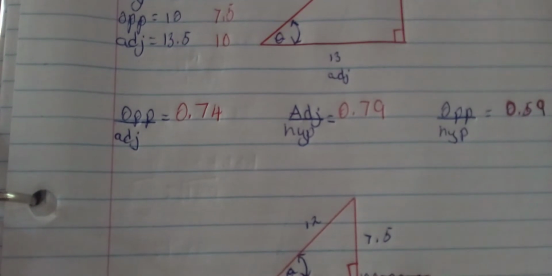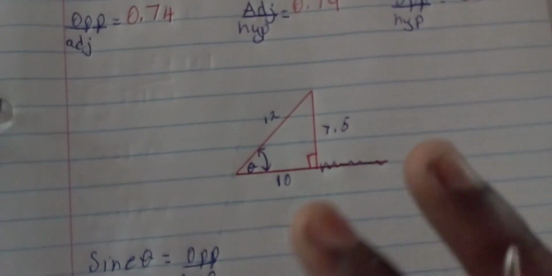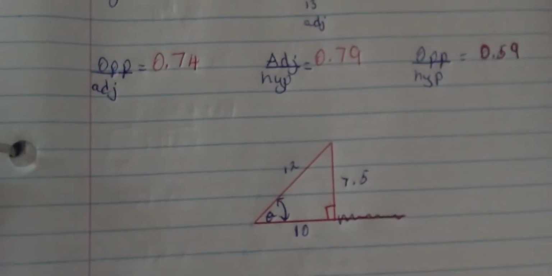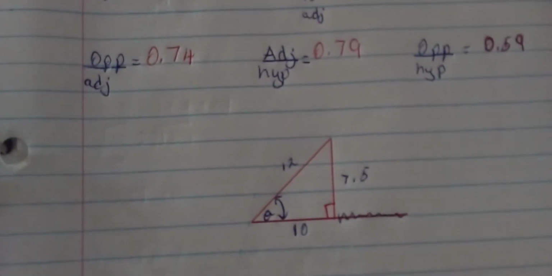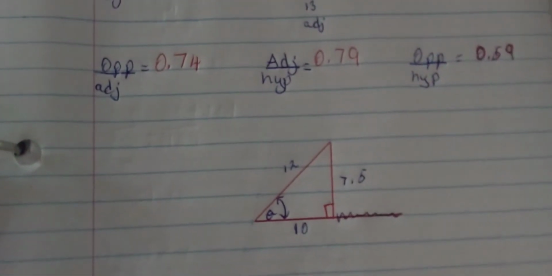So what this made me realize when I was writing CXC is that it doesn't matter what size the triangle is, whenever the angle is the same, you get similar ratios. And this brings us to our trig ratios.